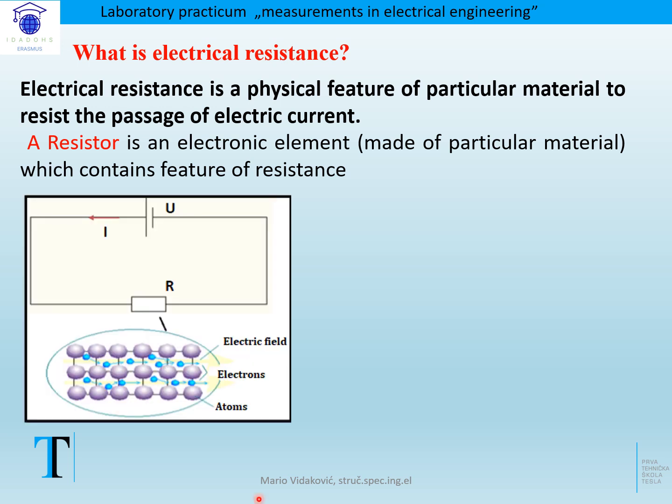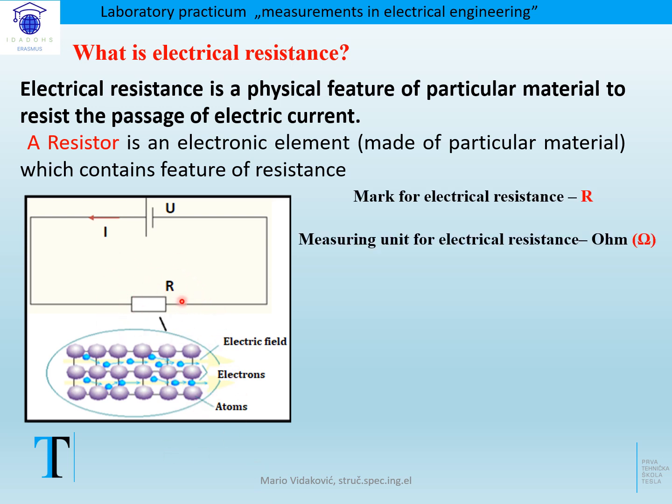This is the schematic of a resistor in a circuit, in which by the electric field electrons flow through the wires and the material of which the resistor is made, and there is crashing with atoms and molecules of the material, and the material is resisting the flow of electric current.